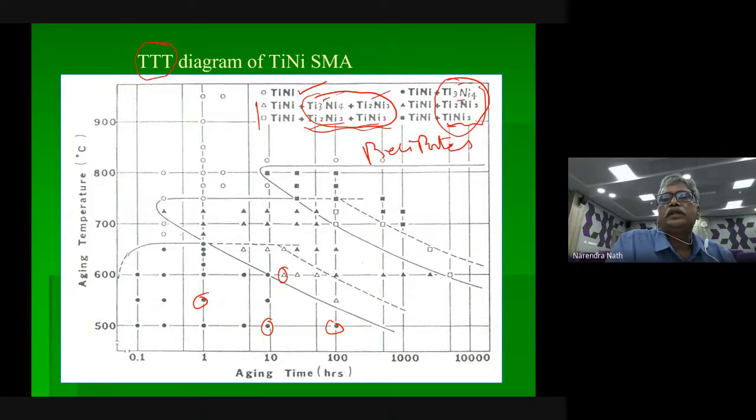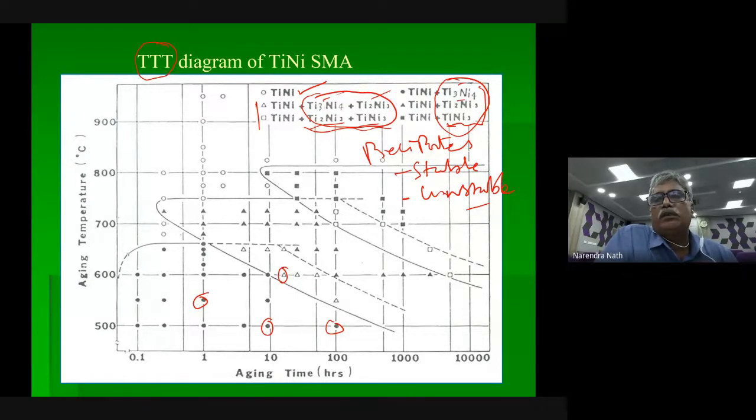And these precipitates, some are stable, some are unstable. Whether stable, unstable or a combination of both, whether it is useful or not, that matters for us. Along with the titanium nickel matrix, if these are there as precipitates, does it truly affect the shape memory effect or not?